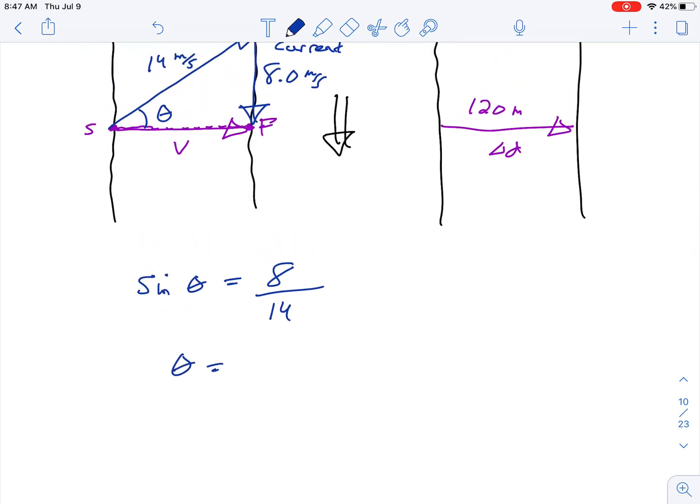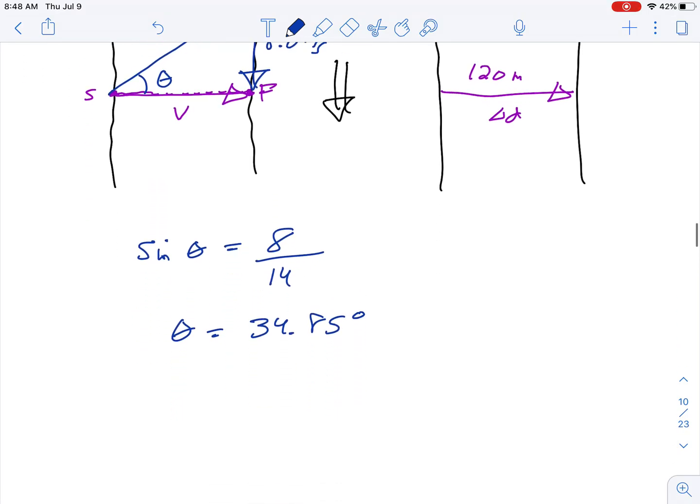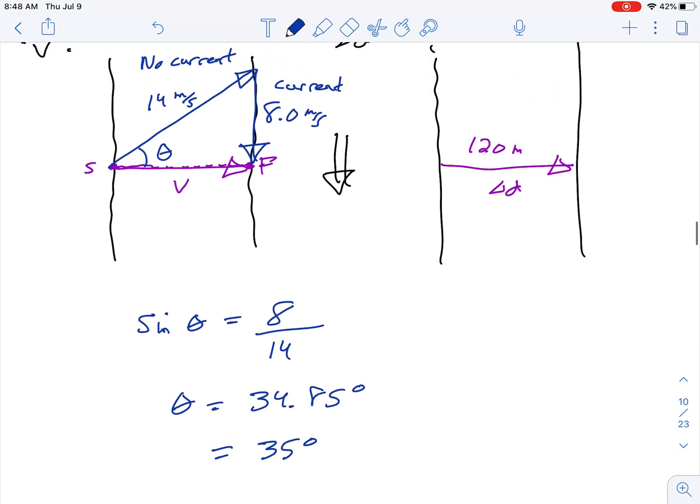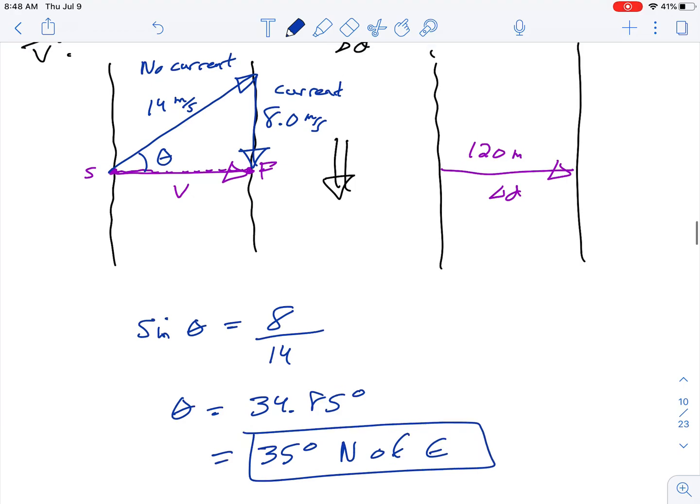If you take the inverse sine of both sides, you get about 34.85 degrees. And so that will round to 35 degrees, 2 sig digs. In this case, that would be north of east. Good. So now we know which angle we're going to be going at.